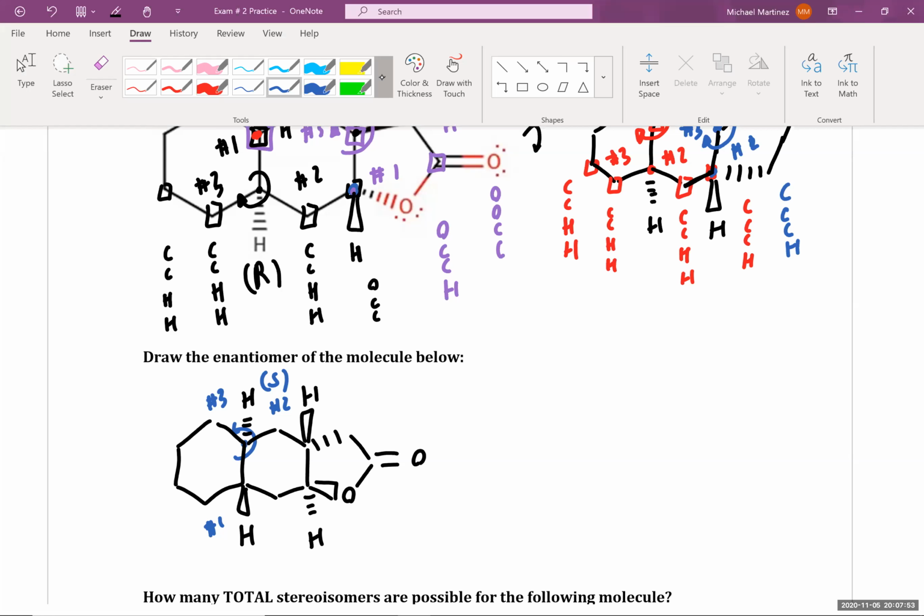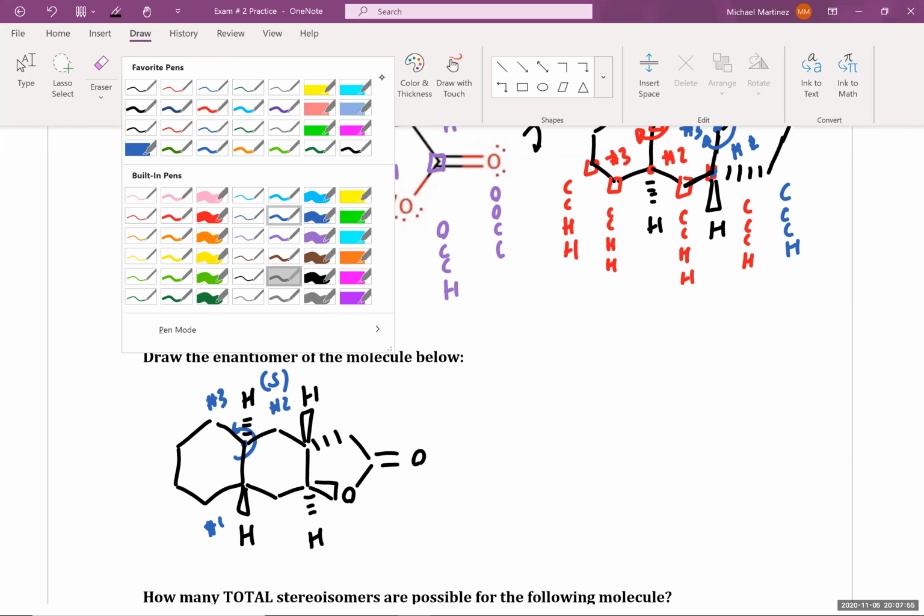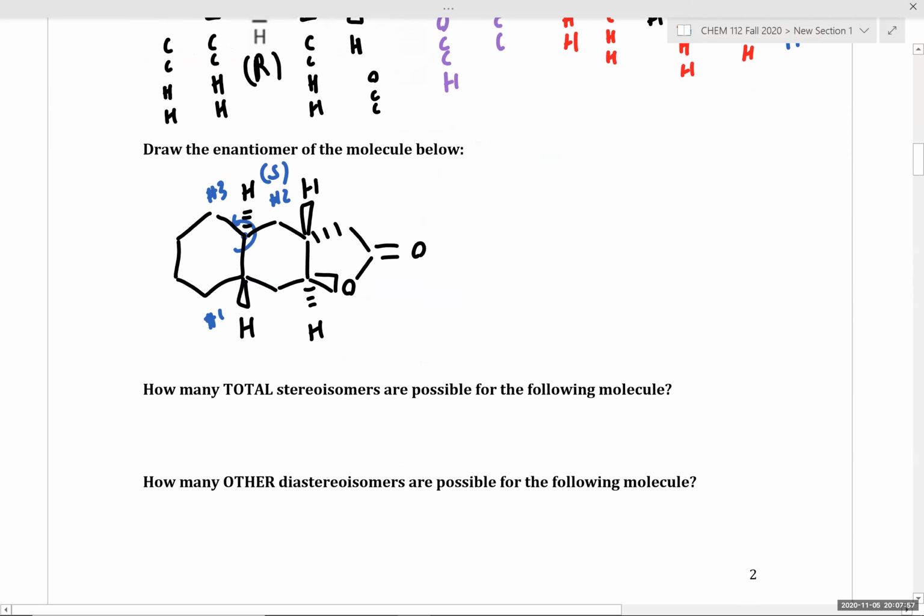Okay, so now let's try to answer the question, how many total stereoisomers are possible? That's captured by the equation 2 to the n, where n is the number of stereocenters. And how many stereocenters do we have? 4, so 2 to the 4th, which would give us 2 times 2 times 2 times 2, which will give us 16.